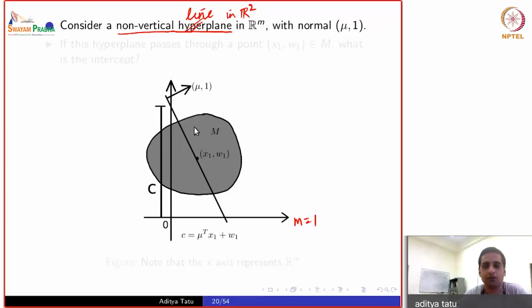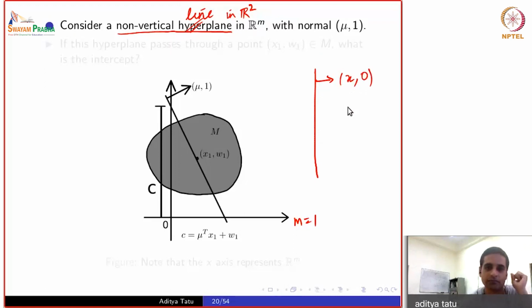Non-vertical and vertical, what would be the difference? Take this as my vertical line. What would be the normal vector to this line?